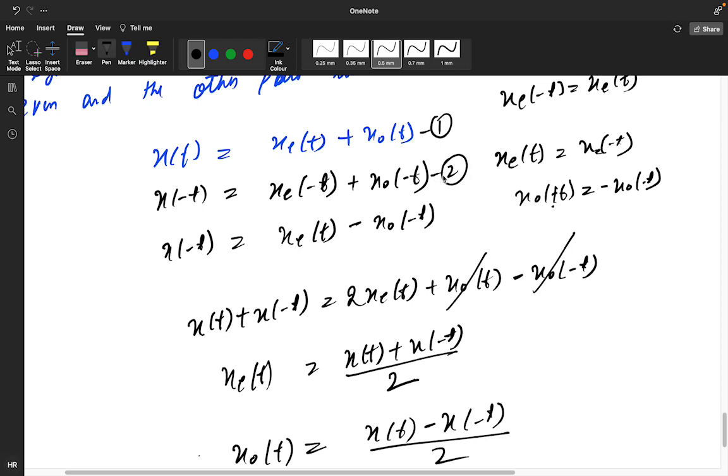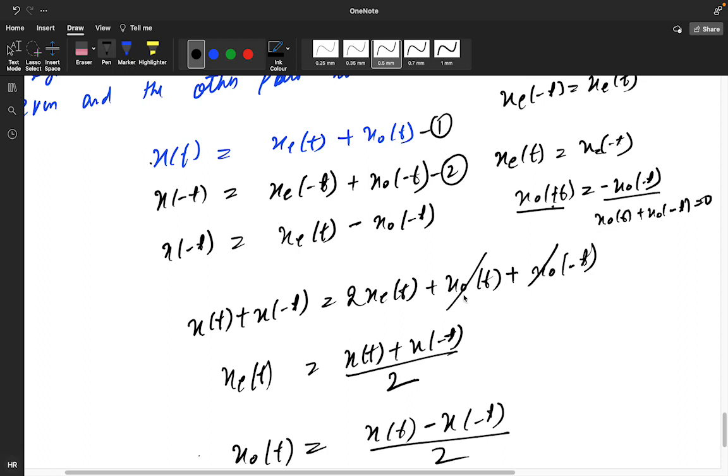When you do the addition of these two signals, take this as equation 1 and this as equation 2. This is getting added: x of t plus x of minus t gives 2 x e of t, and since x naught of minus t is equal to minus x naught of t, x naught of t plus x naught of minus t gives 0.